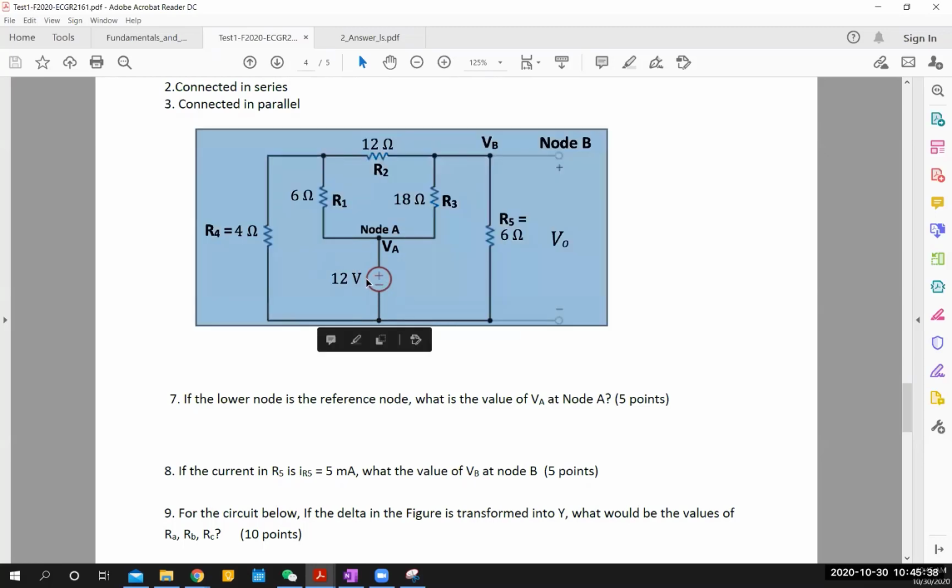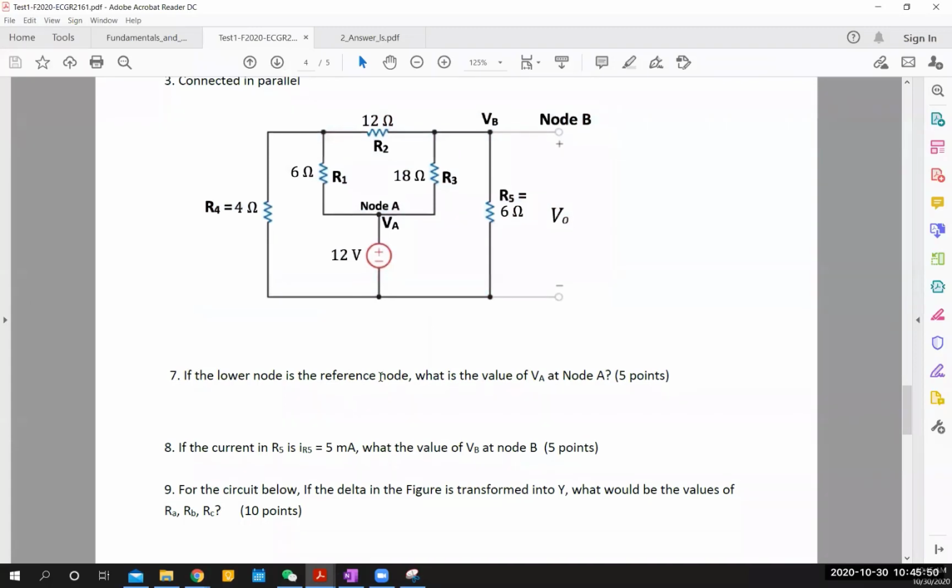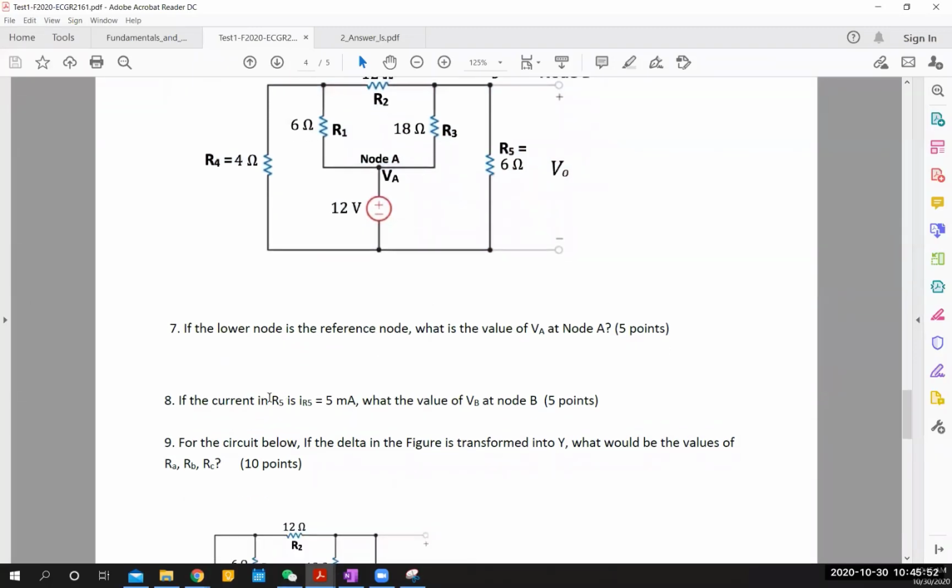So you have connected 12 volts in between these two nodes. So that's your answer, 12 volts, straightforward. There should be no confusion. And most of you have got this one correct as well.